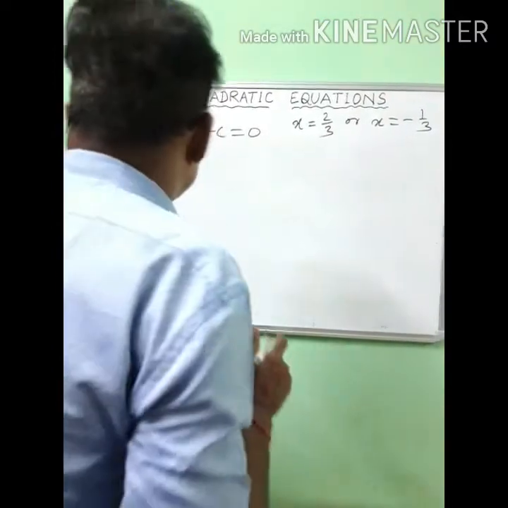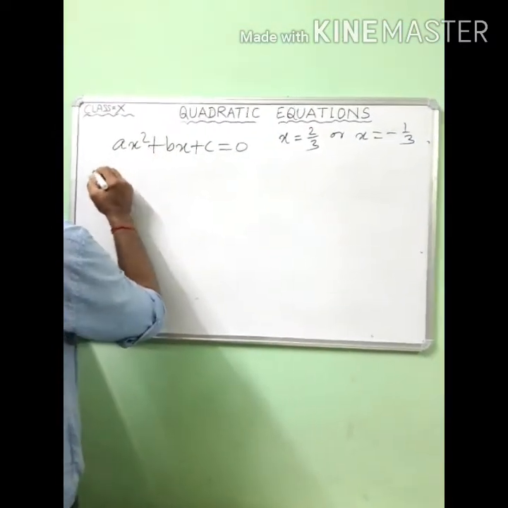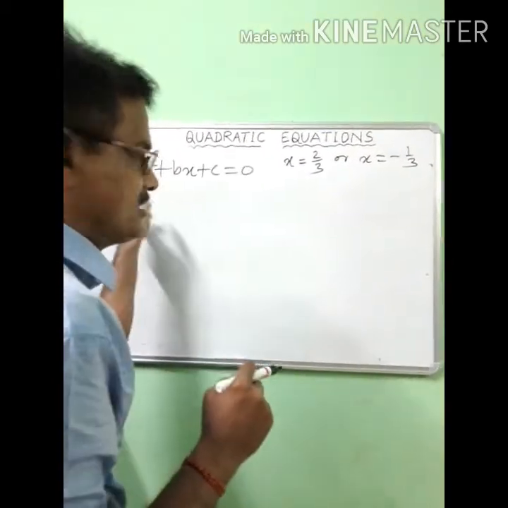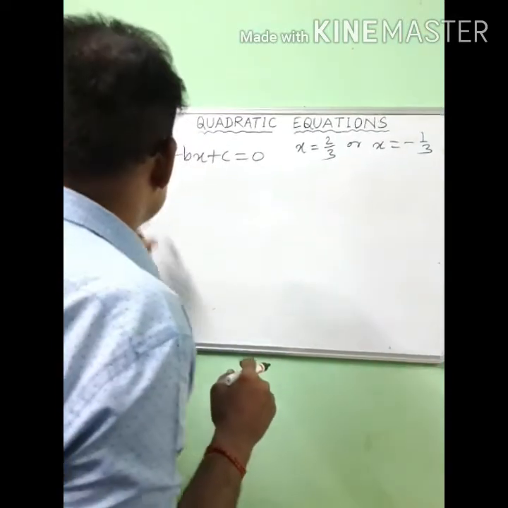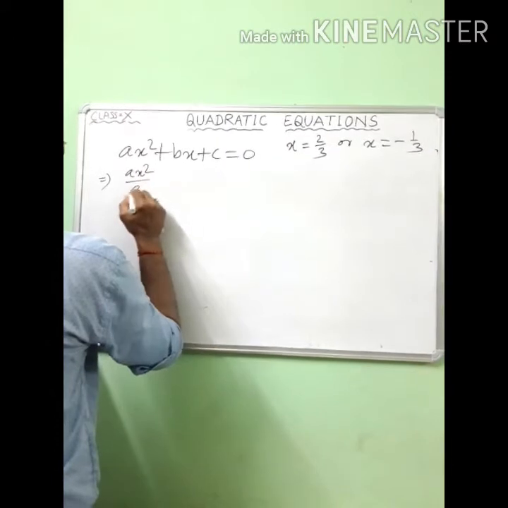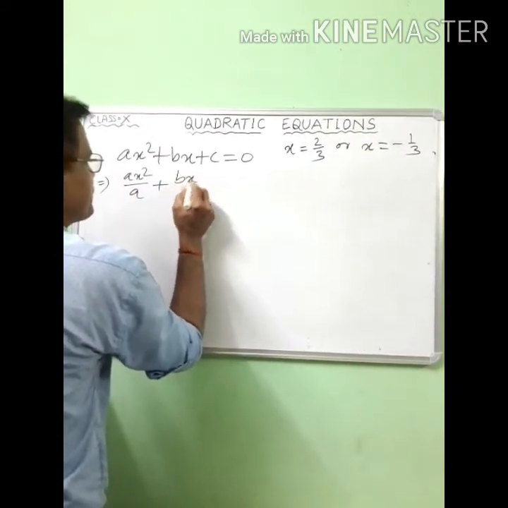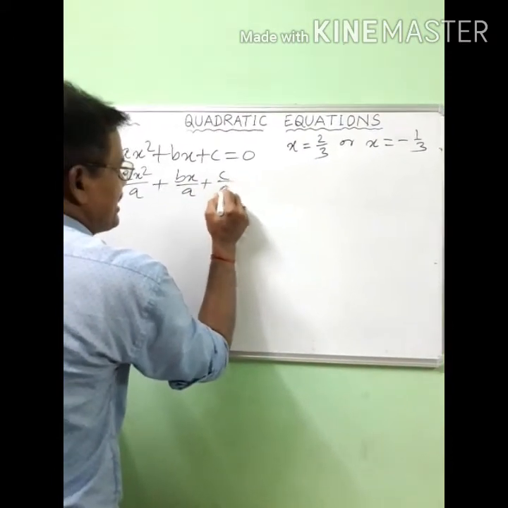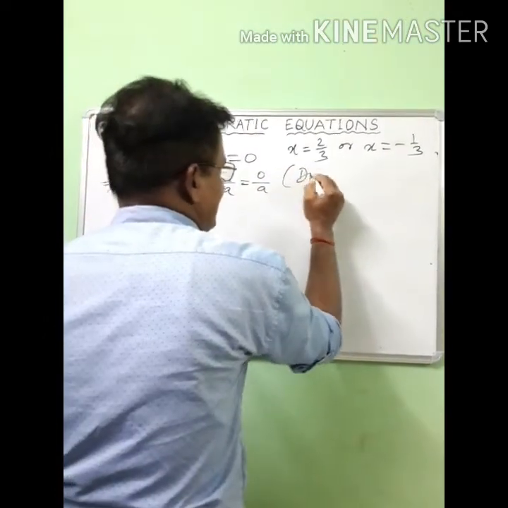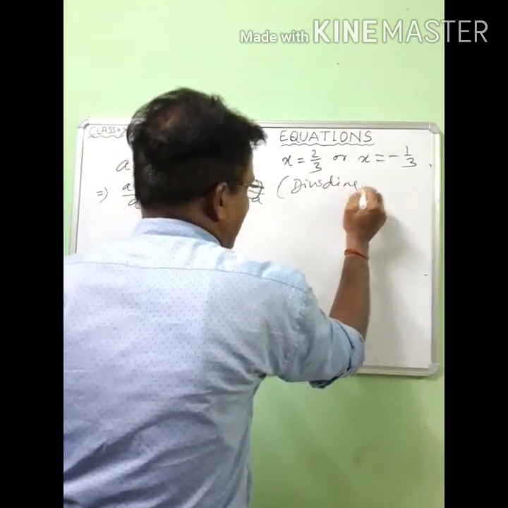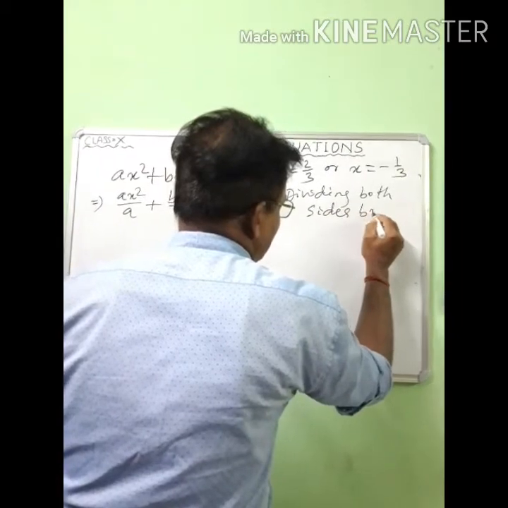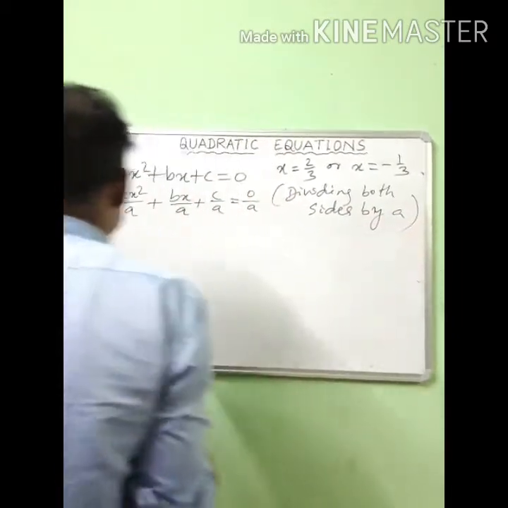So dividing both sides by a, we have ax square by a plus bx by a plus c by a is equal to 0 by a. Dividing both sides by a. Okay.